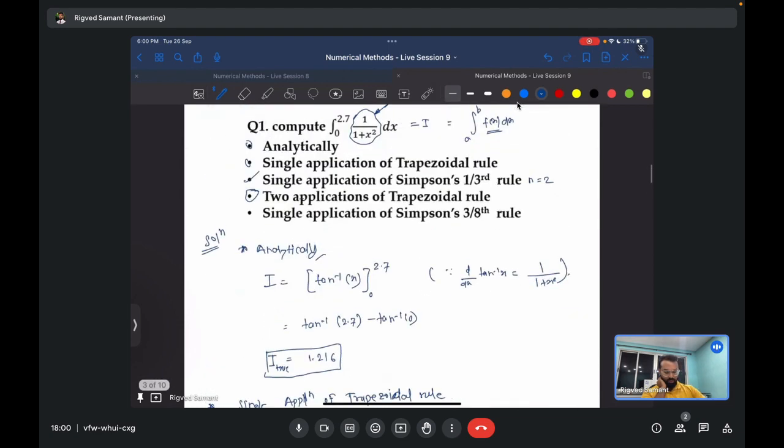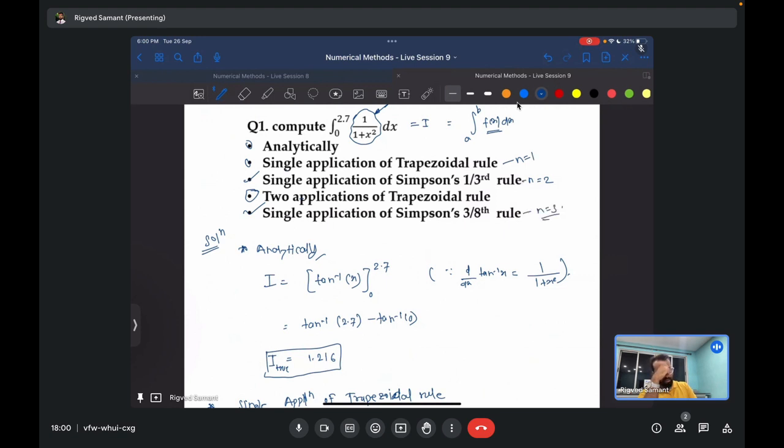Now the last one is single application of the 3/8 rule. Simpson's 3/8 rule is used for an interval of 3. So trapezoidal rule is given by n is equal to 1. This is for n is equal to 2. This is for n is equal to 3.